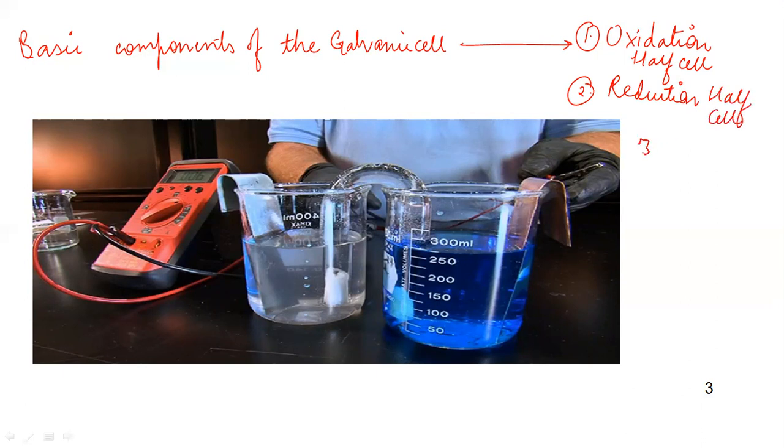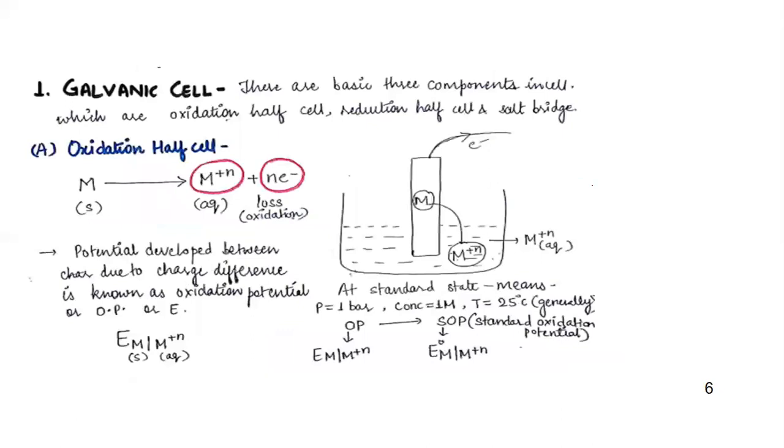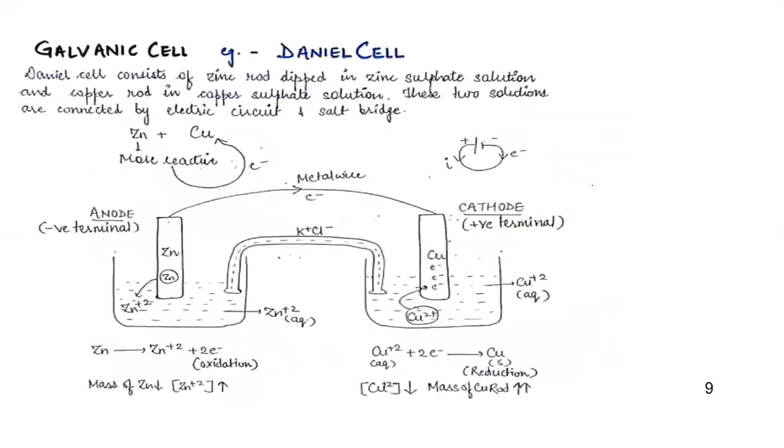And the third one is the salt bridge. These are the three basic components of the galvanic cell. We also discussed the construction of the Daniel cell in the previous class, so this is the construction, or components, of the Daniel cell.